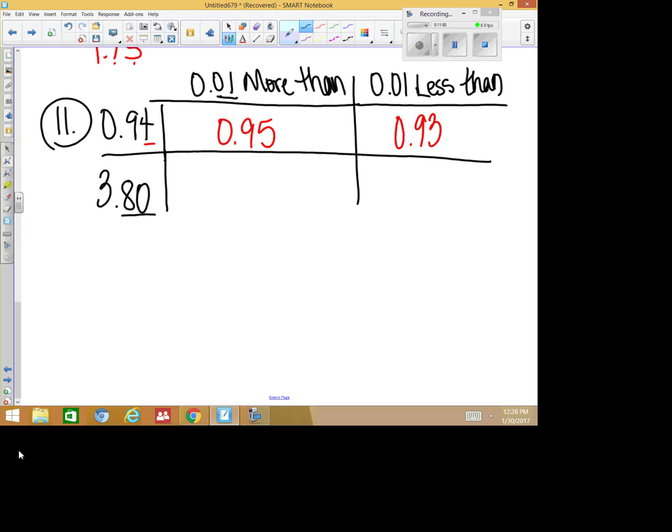So that's a 0. So now add the hundredth. What do you get? 3.81. Very good. Oh my, I've got to go one less. What's 1 less than 80? 79. So 3.79. Not as bad as you thought.